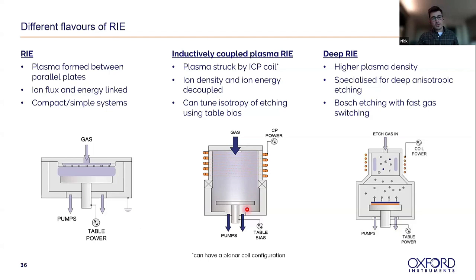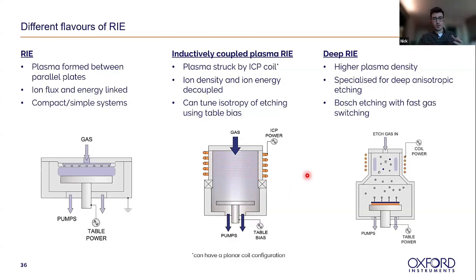A slightly more advanced version of the tool is an inductively coupled, or ICP, reactive ion etch system. So you can see that in the middle here. At Oxford Instruments, we have this as a big ICP tube with the coils wrapped around the outside. I should also say you can get planar ICP coil configurations as well. What's nice about these remote ICP sources is that your ion density and ion energy are decoupled.